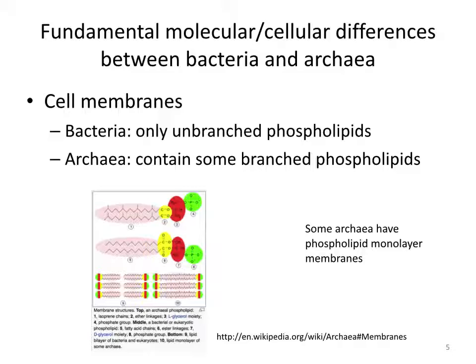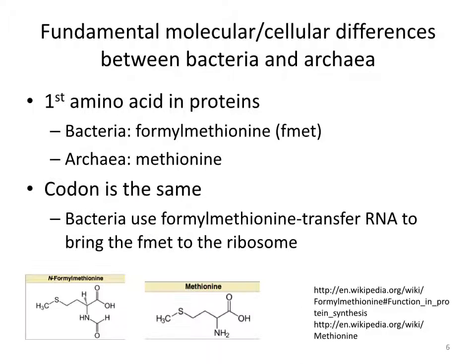So those long chains, some of them have branching. And some archaea have a phospholipid monolayer membrane instead of a bilayer, so that the two phosphate ends, which are polar, are actually on the same molecule with a long hydrophobic chain between. Only some archaea have that, and it's only known in archaea. So that's one variation on this phospholipid bilayer theme.